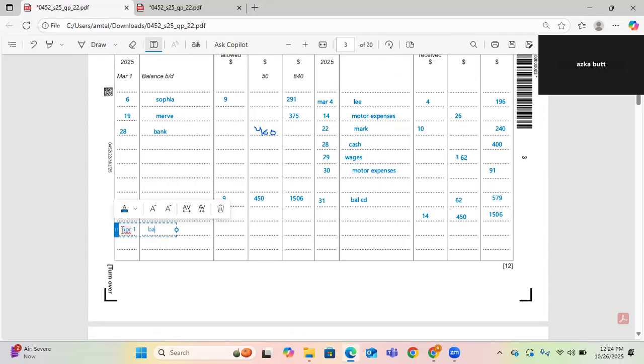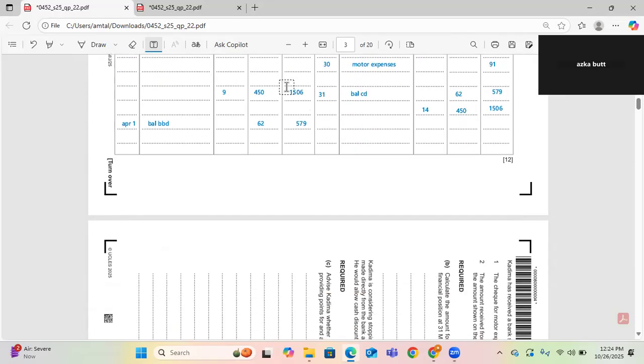So this is balance b/d, 62 and then 579. Okay, so we are done with that.